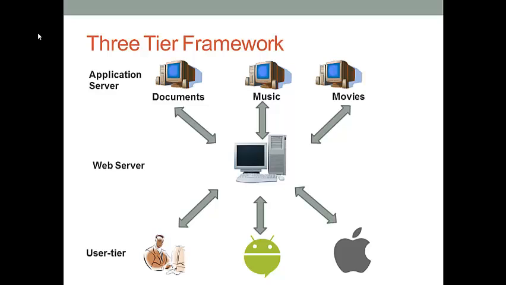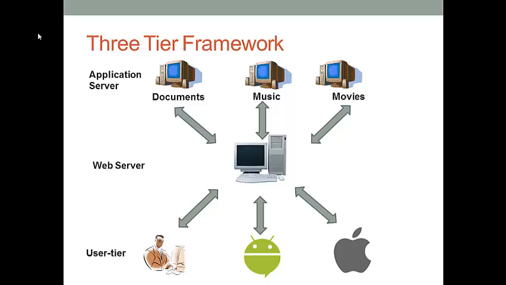At the user tier, users can use all kinds of devices, such as Android phones, iPhones, or iPads, to do all kinds of activities, like watching movies, listening to music, or processing documents. We are very familiar with the user tier because we are at the user tier on a daily basis.